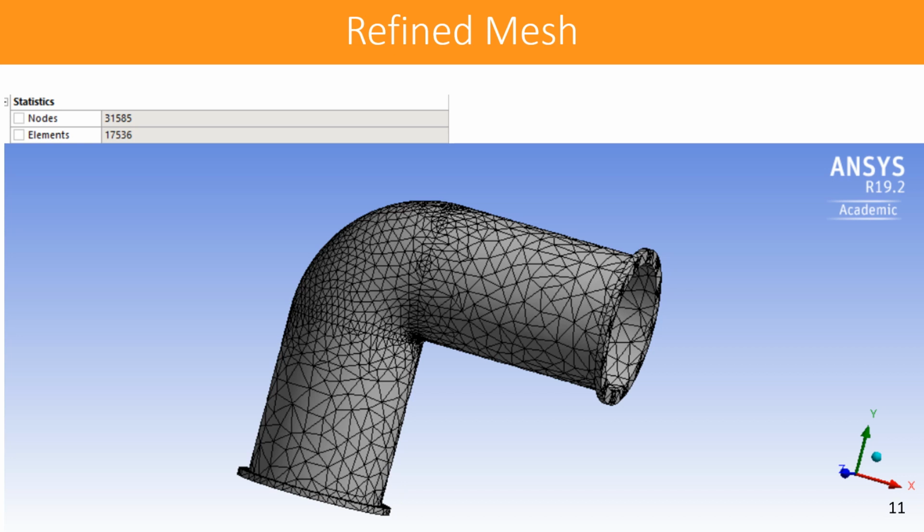And during the 2 simulations, that's where the stress accumulates most, but I'll get into that in a little while. But that's the most prudent place to have that refined mesh. With the refined mesh, I have 31,585 nodes with 17,536 elements.